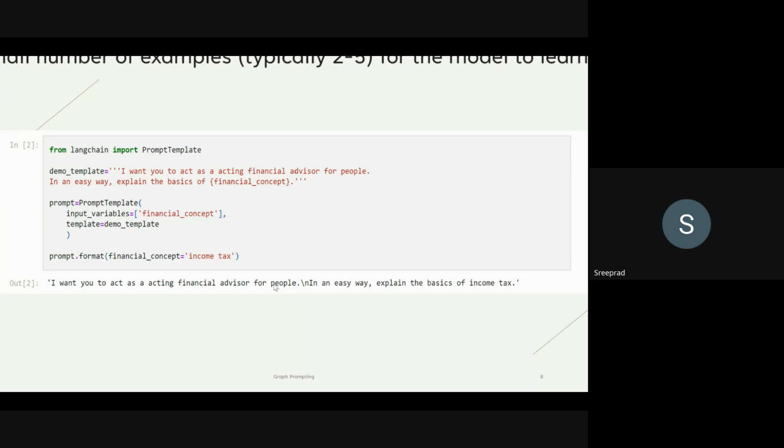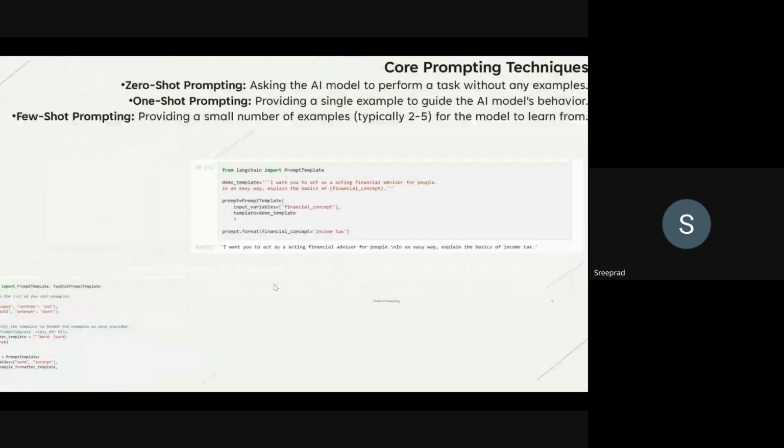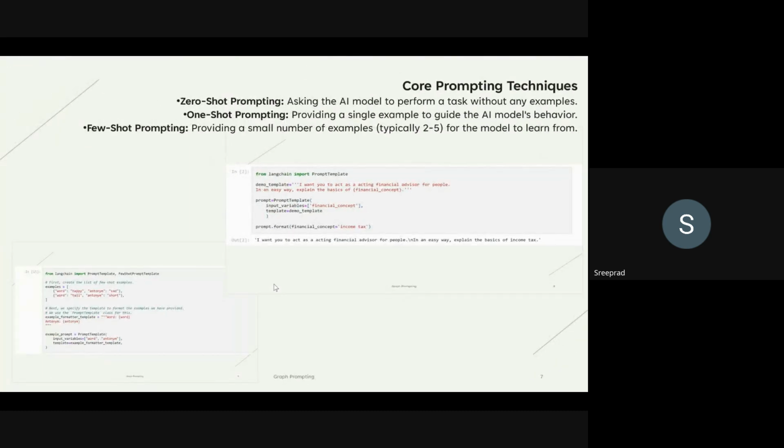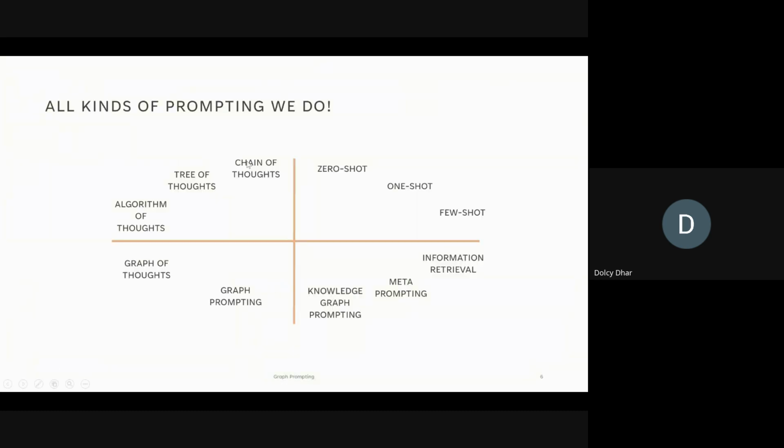You gave 4 types in the previous slide: example based, reasoning based, and information based. What was the fourth one for graph of thoughts and graph prompting? Yeah, these are all reasoning based. The left side is entirely reasoning based. This is information based, I'm so sorry, and these are example based.